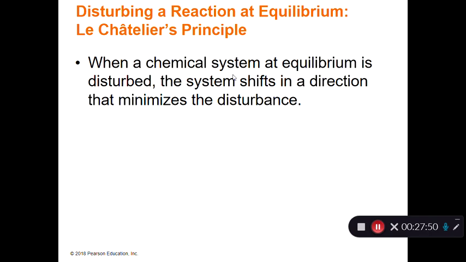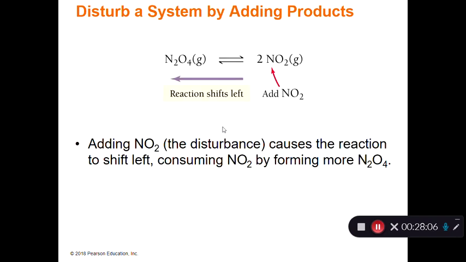We disturb the equilibrium. We change the stability of the equilibrium. The system shifts in a direction to minimize the disturbance. The system is going to relieve this disturbance. We are going to see what that means.